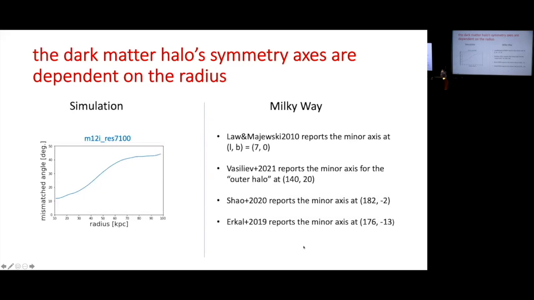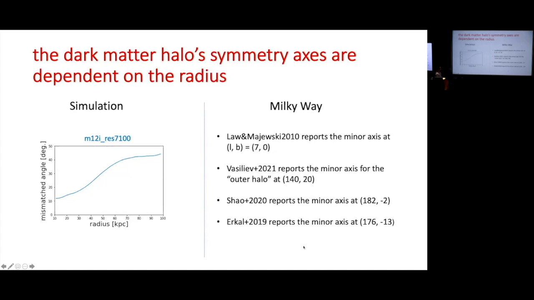So just to set the stage, there is a lot of evidence that the dark matter halo of the Milky Way is twisted and tilted, meaning that the direction of the minor axis of the dark matter halo is not perfectly aligned at all radii.